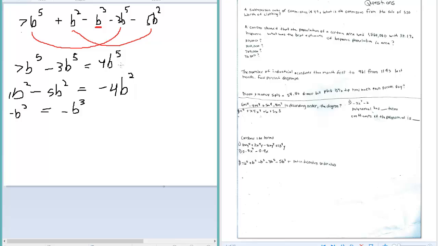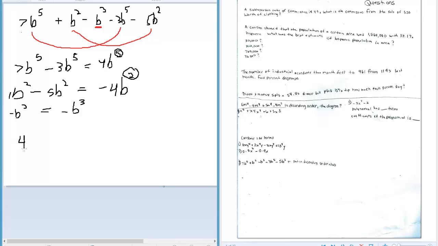After we've done that, we'll now arrange these terms based on their degrees in descending order, that is, from highest degree to lowest. As you can see here, the highest degree is 5 and the lowest degree is 2.